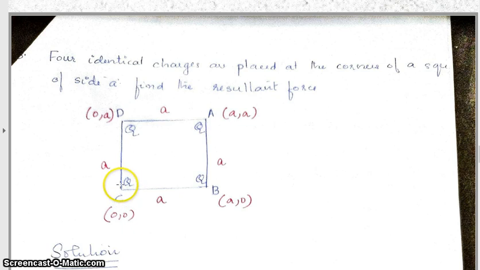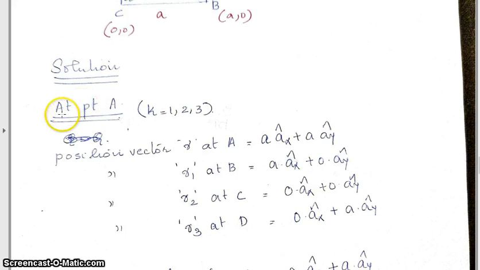And C is 0, 0, and B, the x coordinate will be A and the y coordinate will be 0. Now you can write the position vector. Here it is 0 ax, 0 ay; here A ax, 0 ay; here A ax, A ay; here 0 ax, A ay.